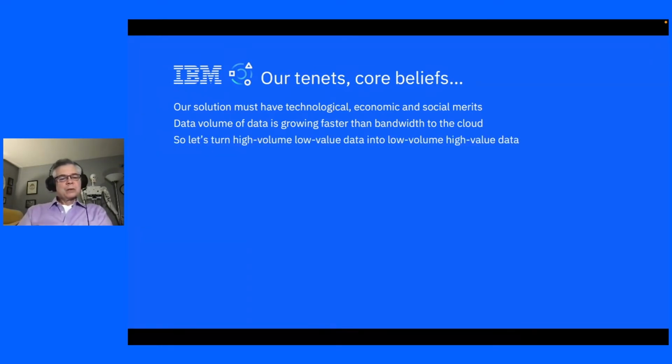So we want to turn high volume, low value data into low volume, high value data by doing some analysis locally on the machines. Local code with policies will also enable low latency actions. You take a stimulus and you turn that into a response right there on the machine, and that can occur within a millisecond often.